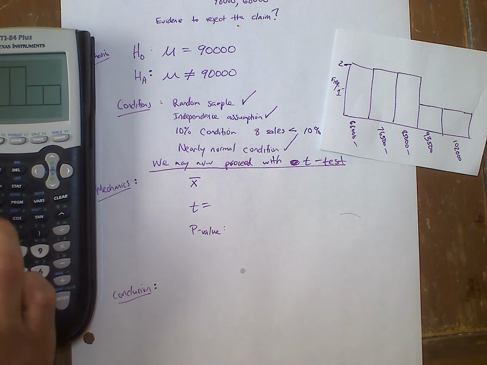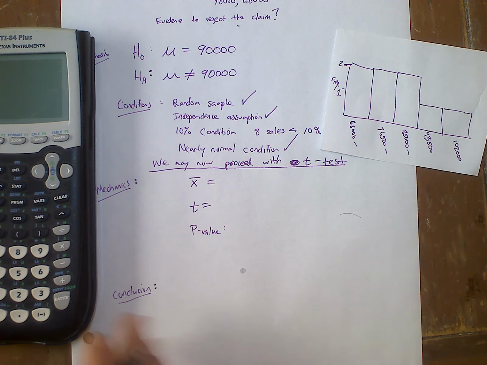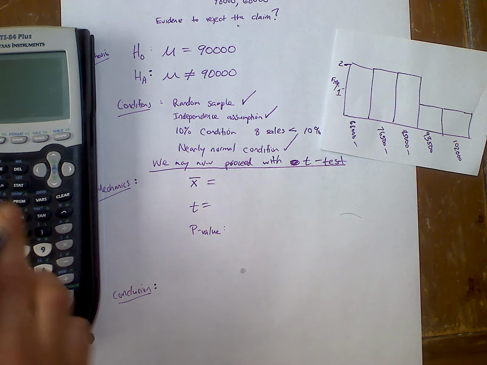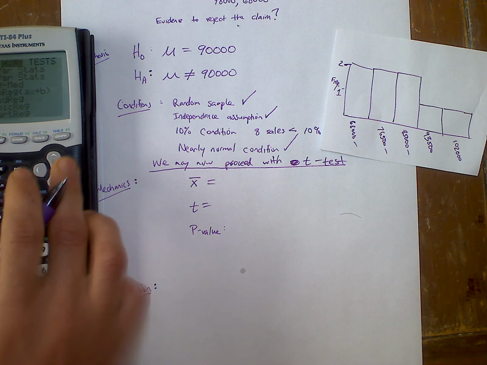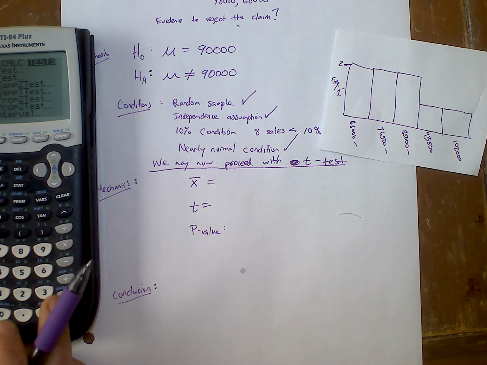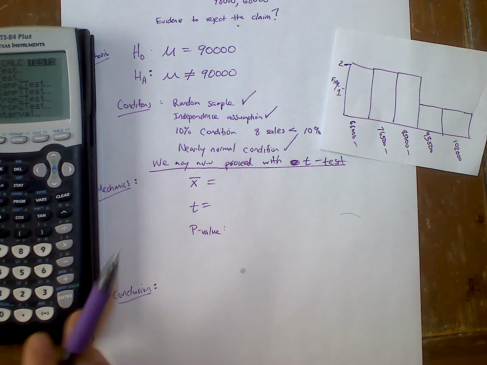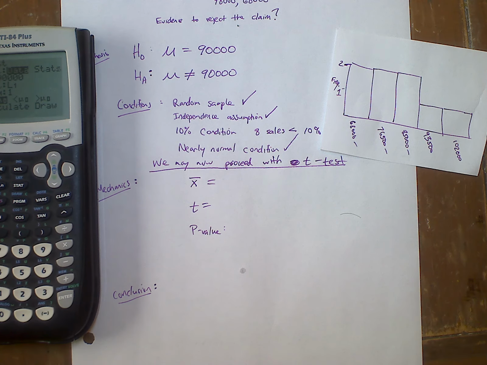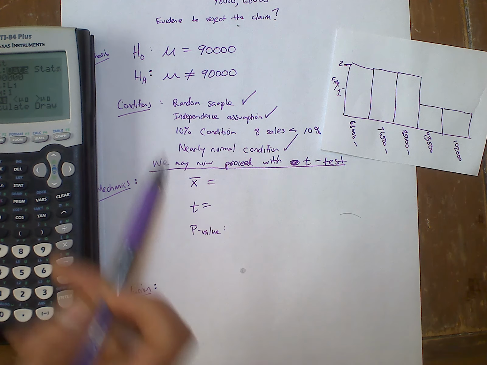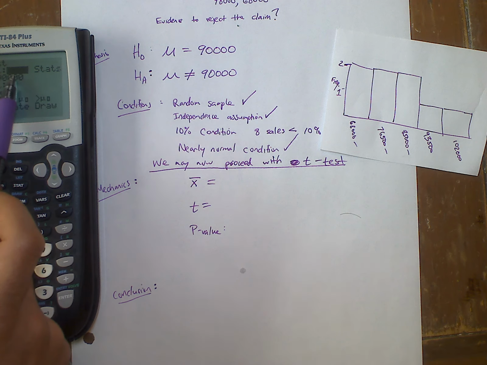Okay, for the mechanics. Okay, do we have an X bar? Stat. If we go to the calculator under test, you can actually find the t-test as the second choice. It's not called a one sample t-test on the calculator. We're just going to be using the t-test. Okay. Do we have parameters? In the previous question, they gave us parameters that we can plug in, but we actually have the raw data.